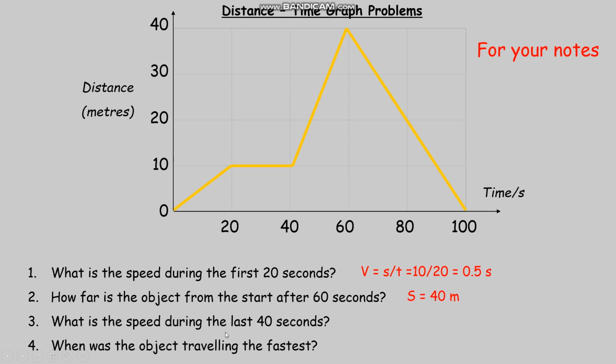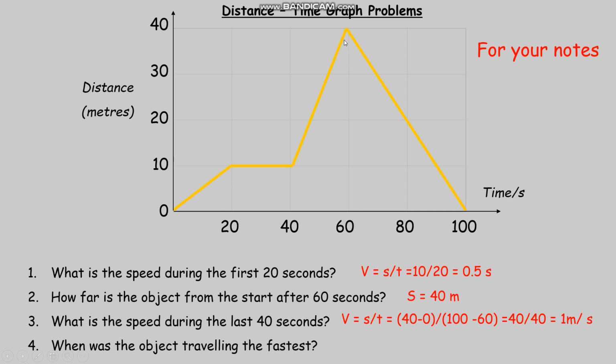What is the speed during the last 40 seconds? This is trickier, and I should point out here that when you get a line going this way, so far we've only talked about positive lines, lines with positive gradients, then it means it's simply returning back to where they started from. So we're just going back on themselves. So the speed during the last 40 seconds, speed equals distance divided by time.